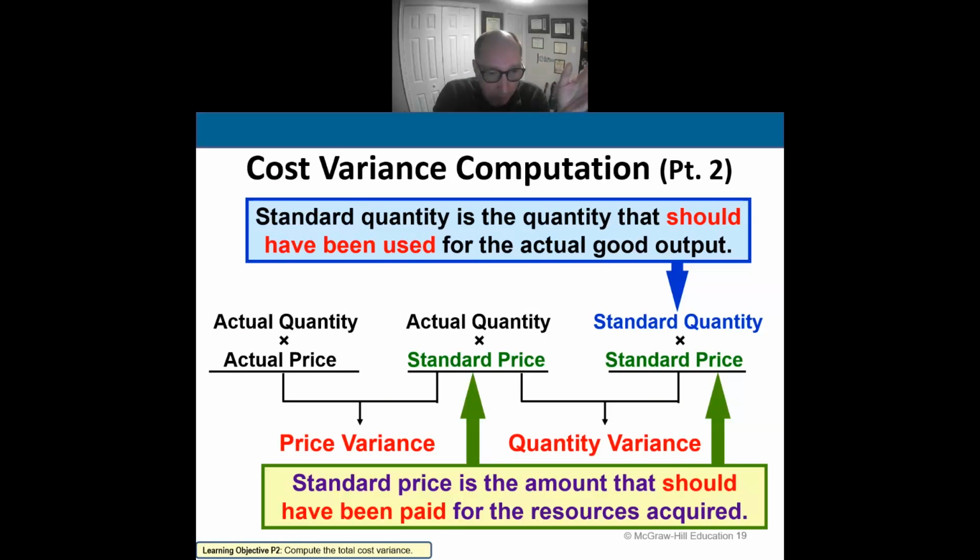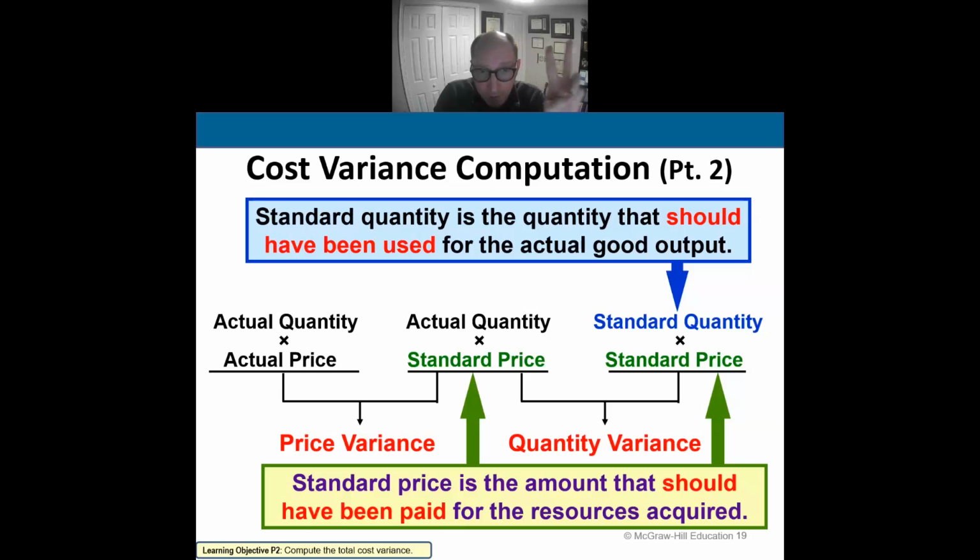So remember when I first talked about variance, it's the actual minus the standard. Within there, we take the actual quantity times the actual price to find the actual part, minus the standard, which is the standard quantity times the standard price.